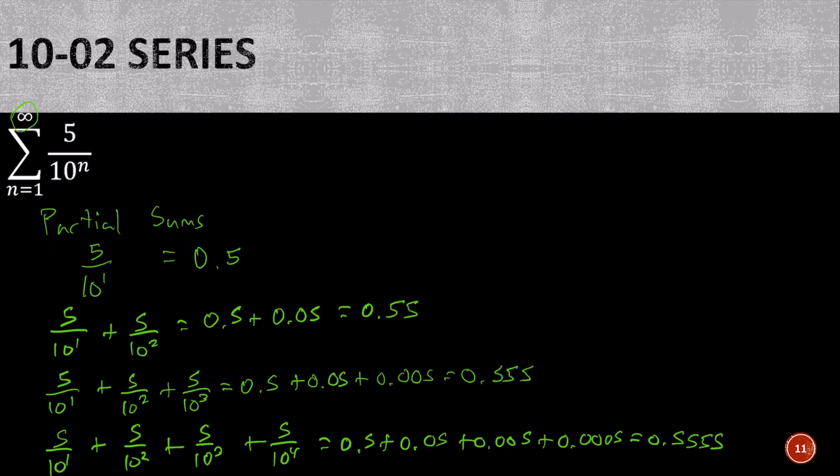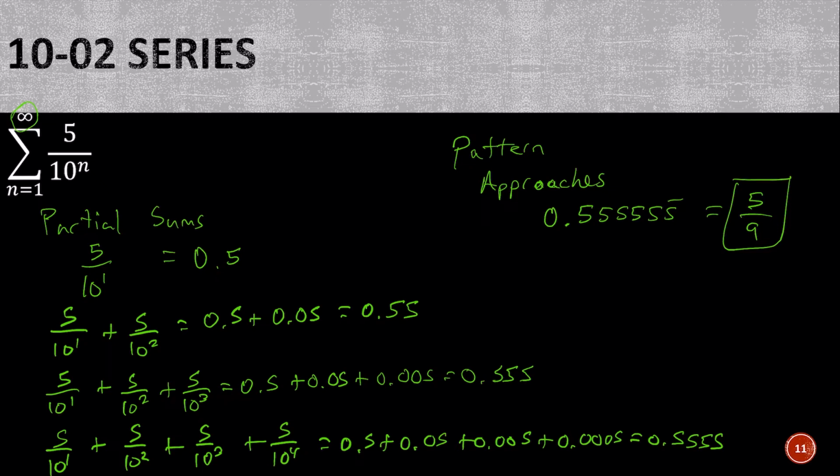And so now we could say, what is our pattern? The pattern is it approaches, appears to be 0.55555, repeating, right? Which turns out to be 5/9.